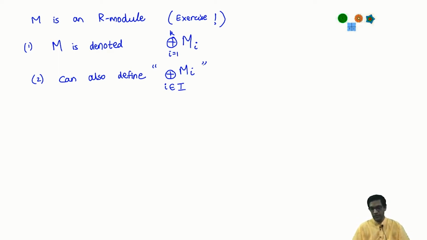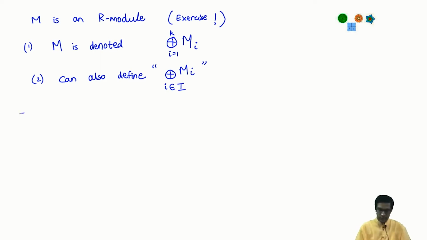If you have an infinite collection of modules, the direct sum is actually a certain subset of the product: more precisely, the subset in which only finitely many of the entries are allowed to be non-zero. Anyway, that's something that we won't encounter in this course, so for now we will not worry about that.